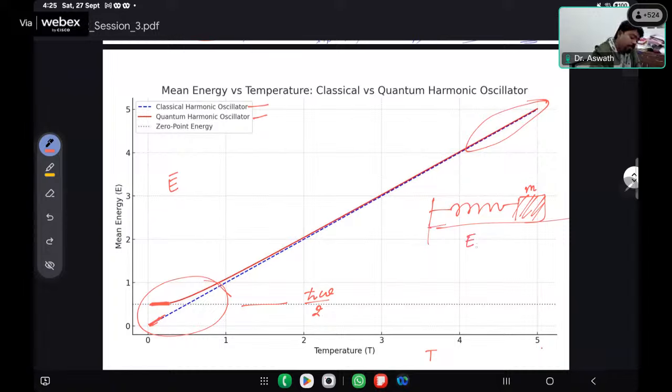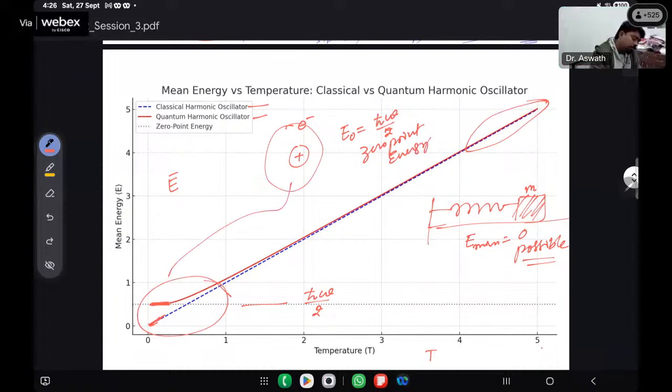So E minimum of zero is possible. But for a quantum harmonic oscillator, an electron revolving around, we can't have zero energy. So this is the zero point energy. Okay, so that is what is shown here.